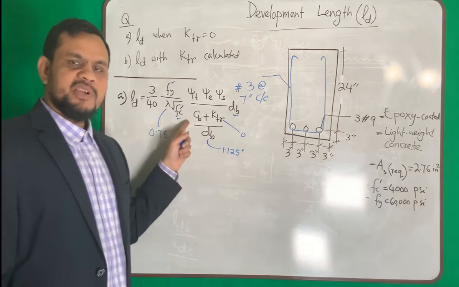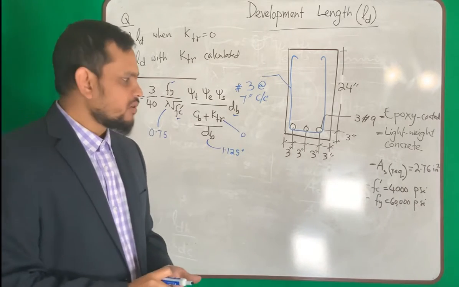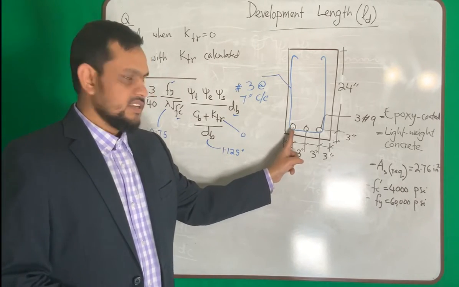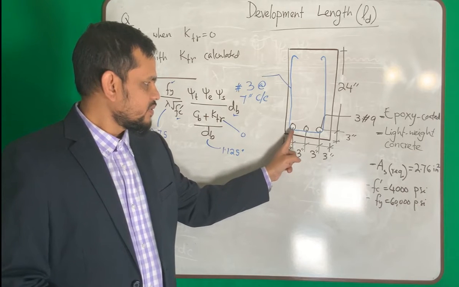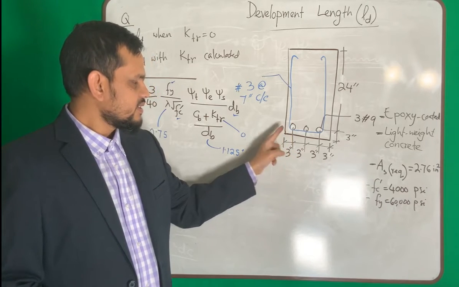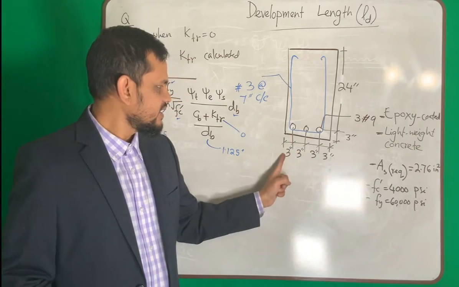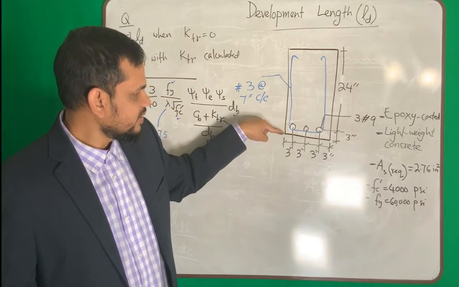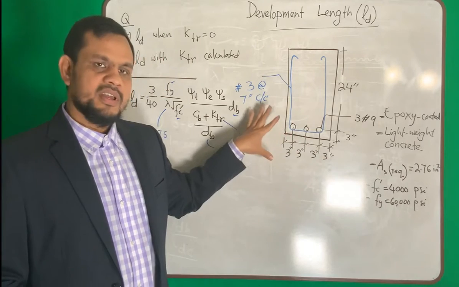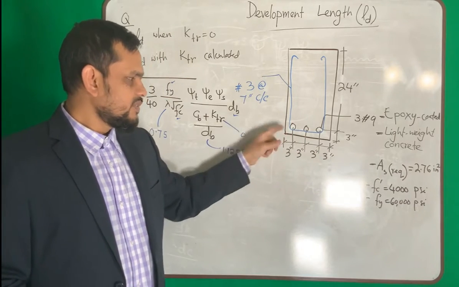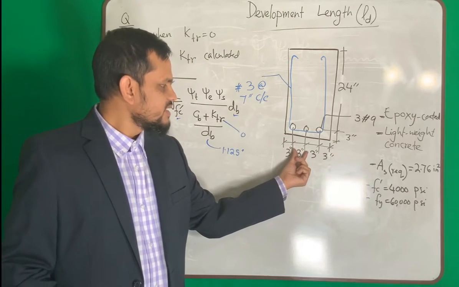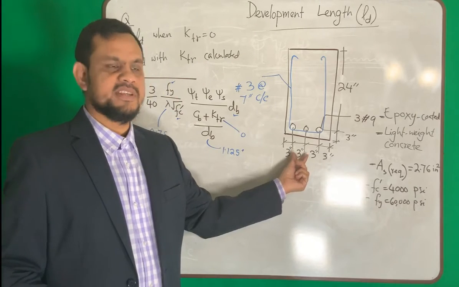CB, what is CB? If you can remember, it is the smaller of the distance from center to the surface, so here to here is 3 inch, or half of the center to center spacing.